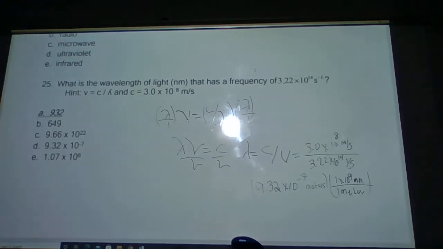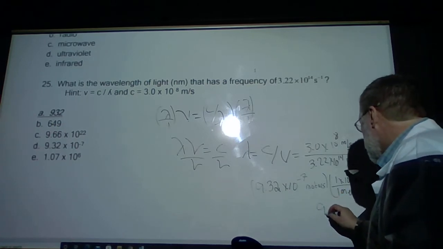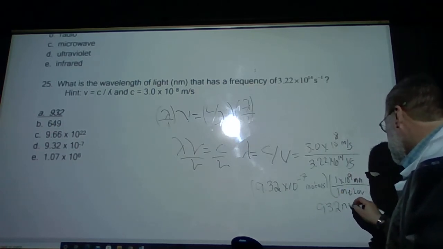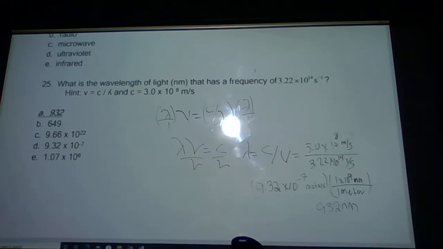So 9.32 times 10 to the minus 7th times this gets to 932 nanometers, which is answer number A. That was number 25, and now number 32.